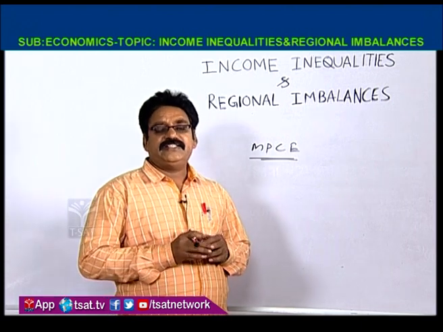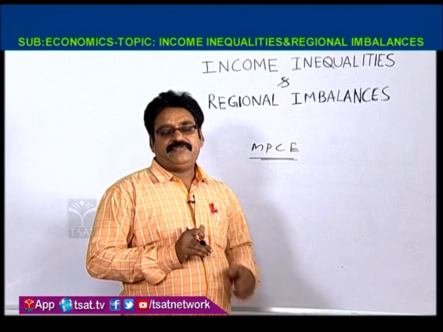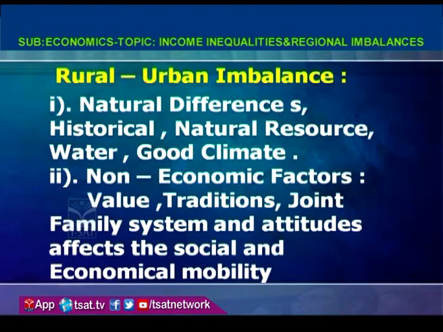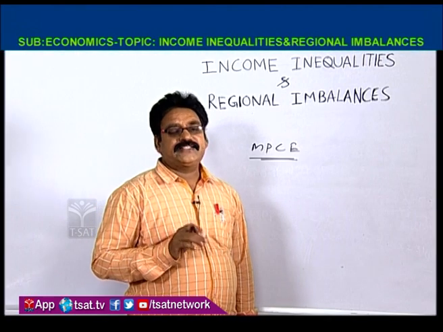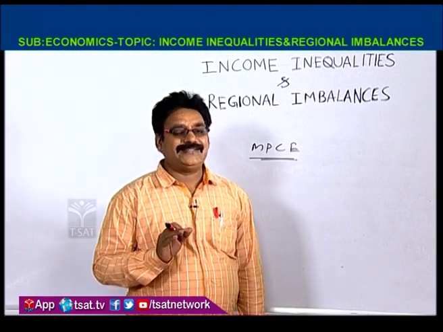The living conditions in rural areas are tough nowadays, and they will not get any employment opportunities during the off seasons. This type of situation leads to people migrating from rural to urban. And now we are going to discuss the rural urban imbalances.